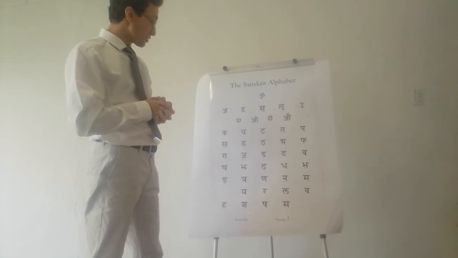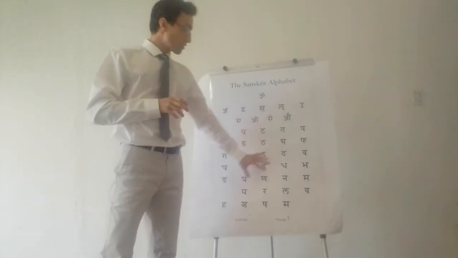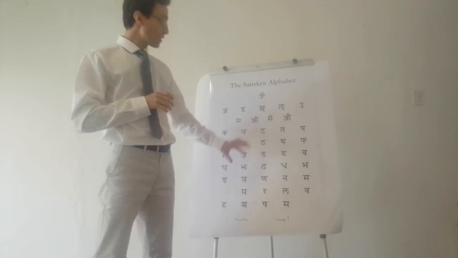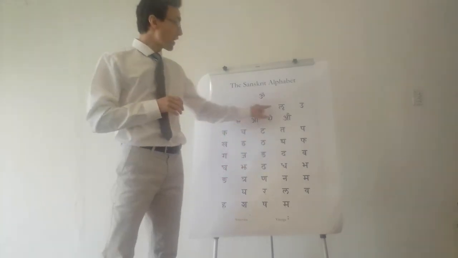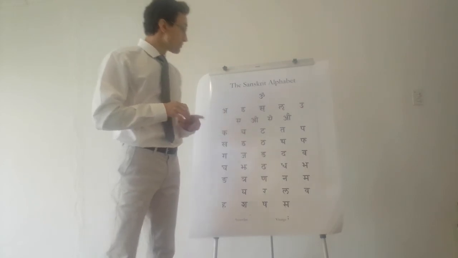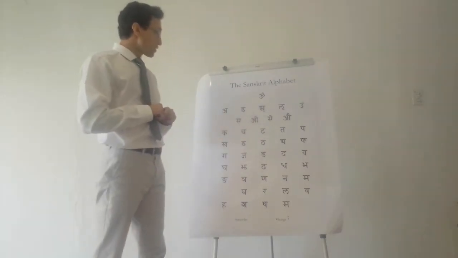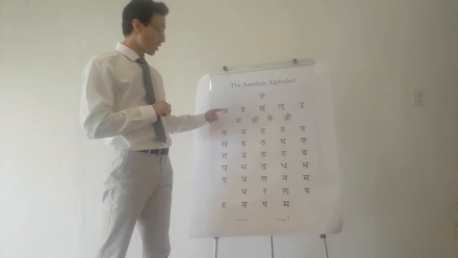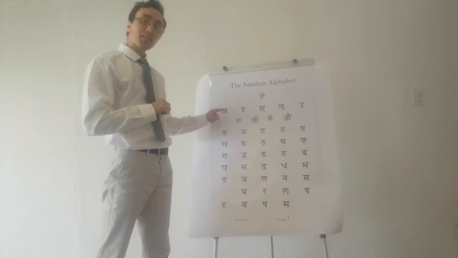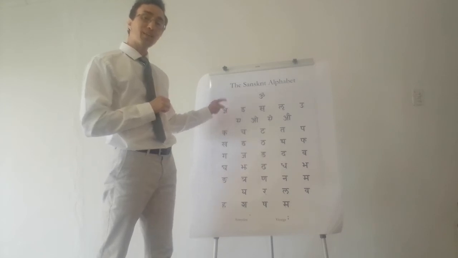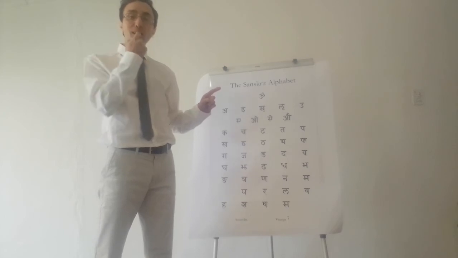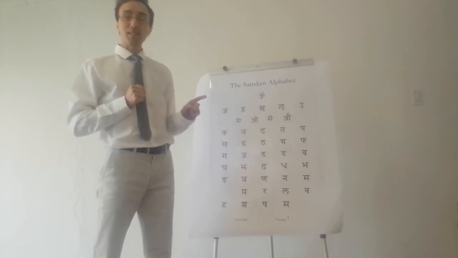Alright. This rule, or these rules, are not applicable to the pronunciation of the vowels. So the tip of the tongue will not touch up against any part of the teeth in the case of the intonation of the letter A. So A, without touching the tip of the tongue up against the teeth.